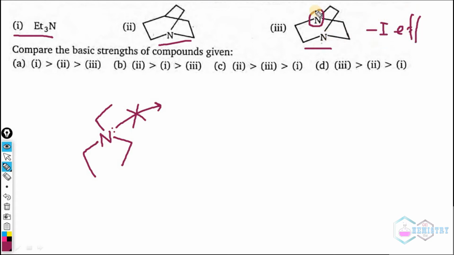So an electron withdrawing group is present which will weaken the base, but there is no such group present in 2 to weaken the base. So 2 will be stronger than 3 and 1 will be the weakest. So 2 greater than 3 greater than 1 will be our answer, which comes in option C. So option C will be our answer.